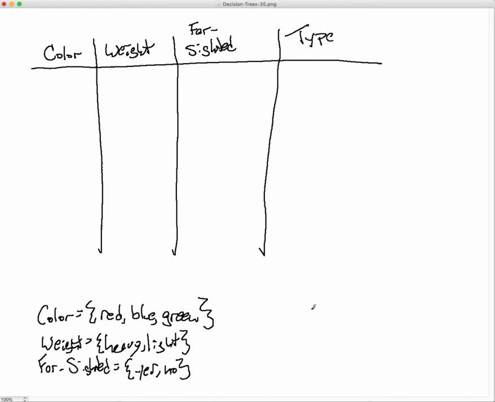And type can be animal, vegetable, mineral.